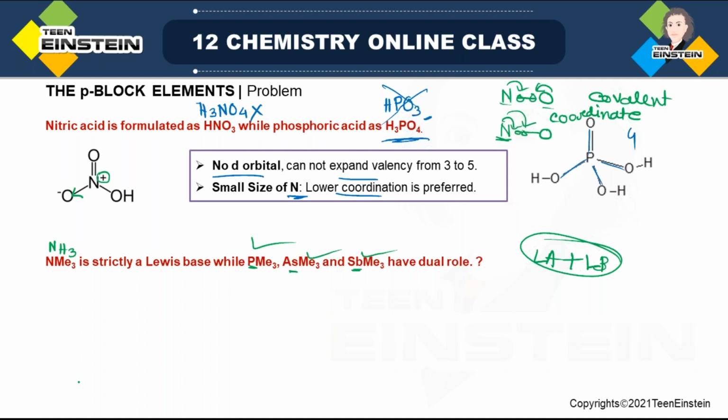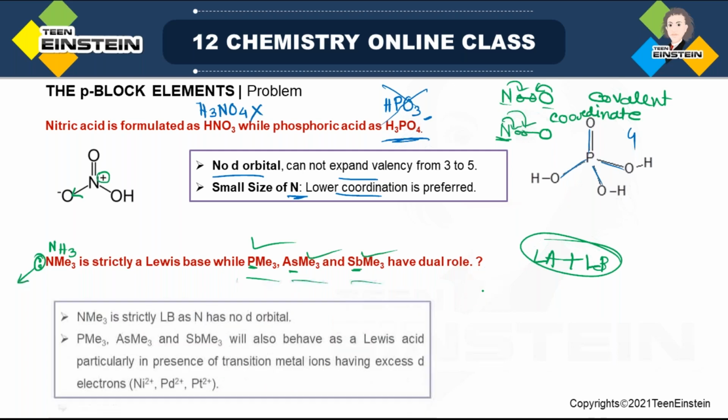NMe3 will obviously behave as a Lewis base, because in NMe3 there is a lone pair over nitrogen and that can be donated to some other species. But in case of nitrogen, there is no vacant d orbital. As there is no vacant d orbital, how can it accept an electron pair from some other species? But in case of these 3 species, a vacant d orbital exists. So that is the reason they can act as Lewis acid also.